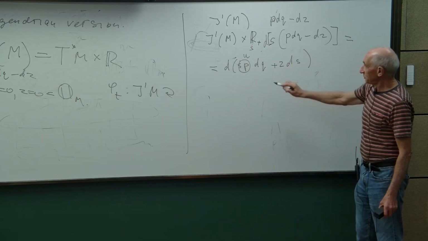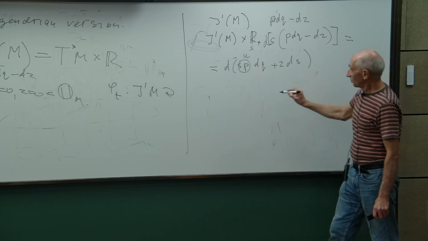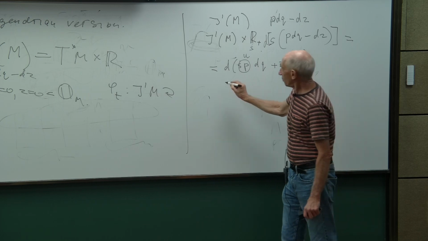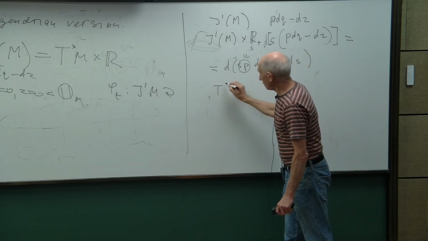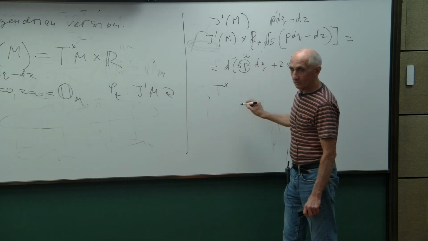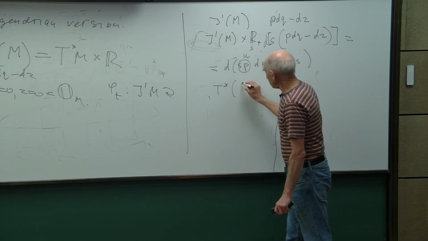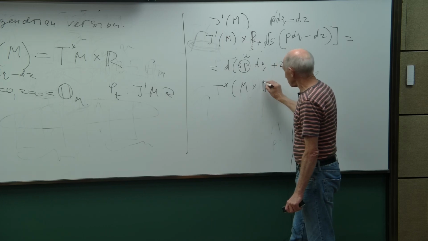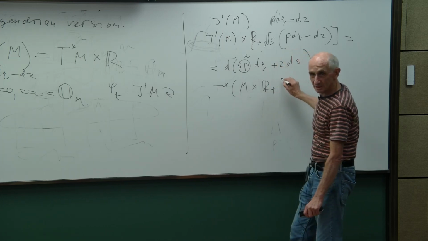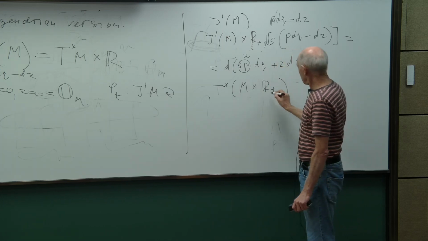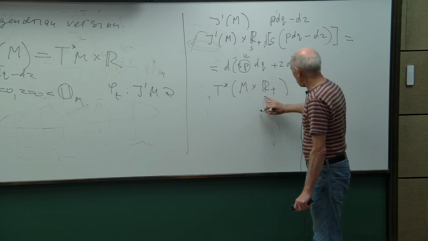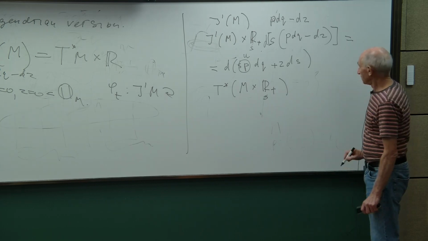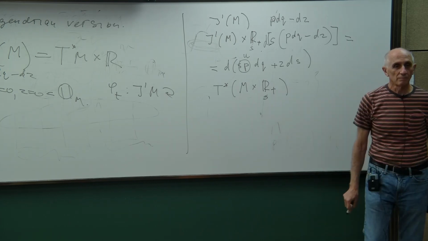So now what we see is that this is just the standard symplectic form on the cotangent bundle T*(M × R_+), where s is a coordinate on the semi-axis.